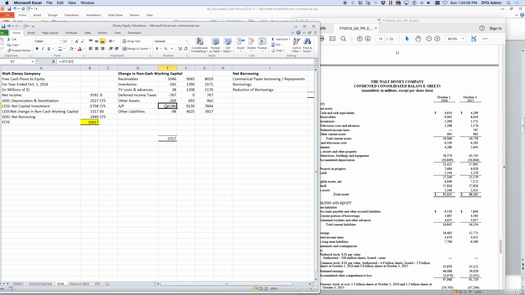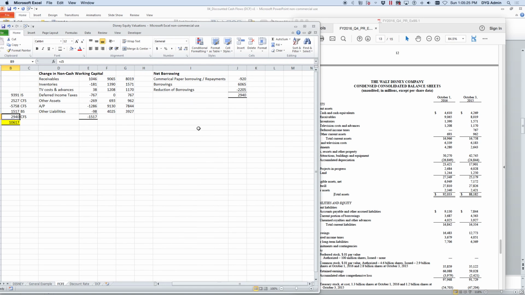Okay, so those being negative are basically saying that your liabilities went up, you borrowed more, and therefore your working capital went down. And so that changes our change in non-working capital from being, before it was a minus 133, it's gone up. So in fact, we've added some cash here as a result of that. Last thing we need to do is add net borrowing.